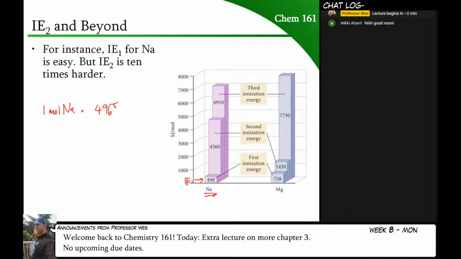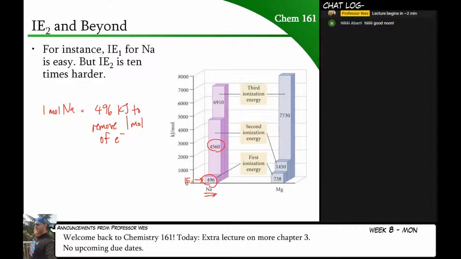There we go. And a K. If we had 1 mole of sodium, and I put in this much energy, I would remove a mole of electrons, and they would all be the 3s1 electron on sodium. So that's what these numbers mean.